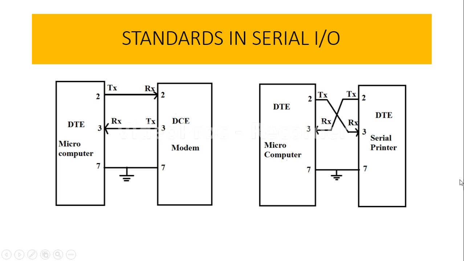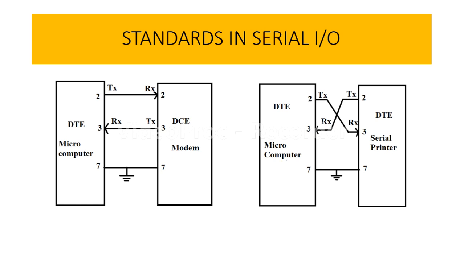When you go to the second diagram, I am showing you DTE to DTE communication, that means data terminal equipment to data terminal equipment communication. That means the communication between two end terminals. End terminals, as I have told you, can be either a printer or a computer and so on. So here I am going to show you the communication between a computer and a printer.